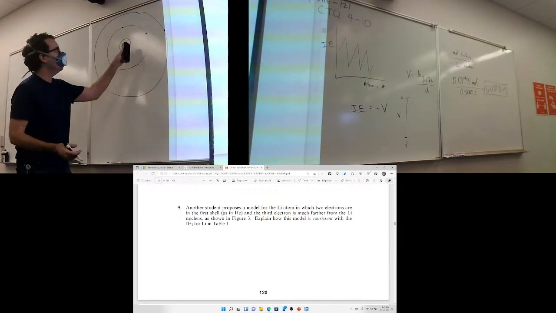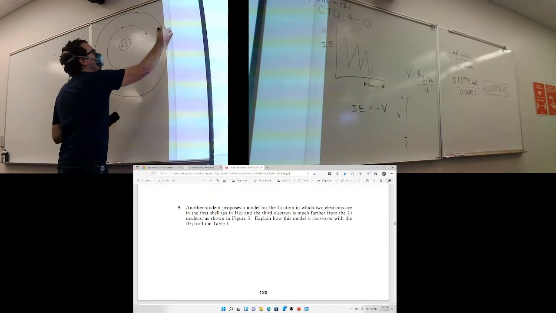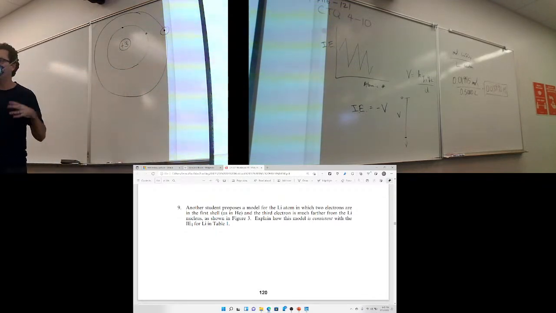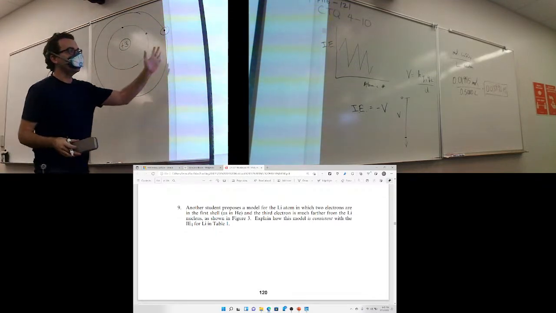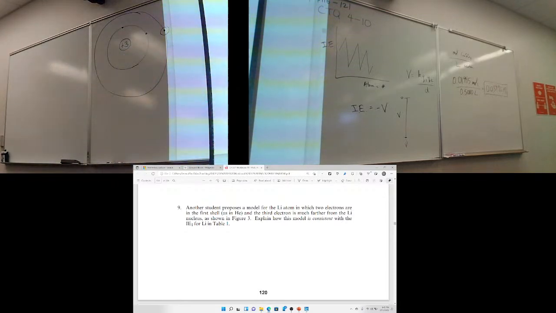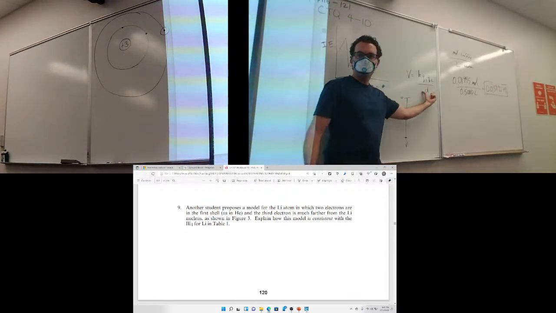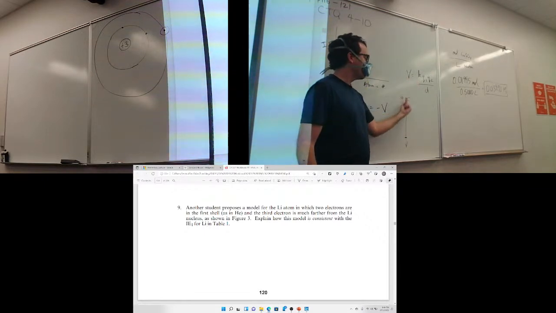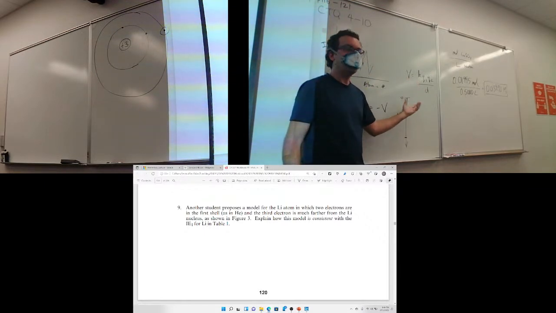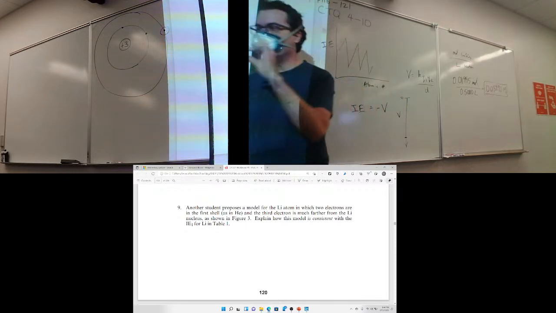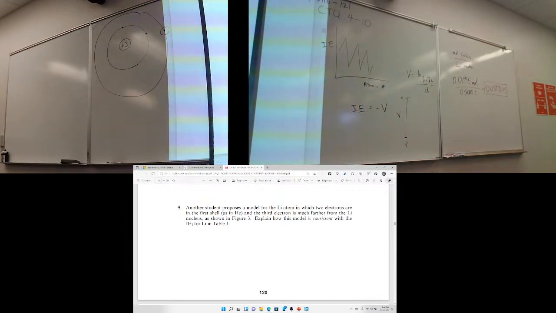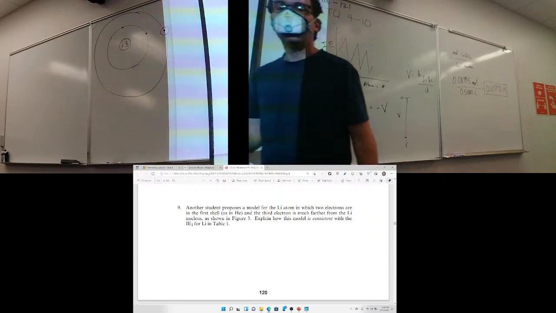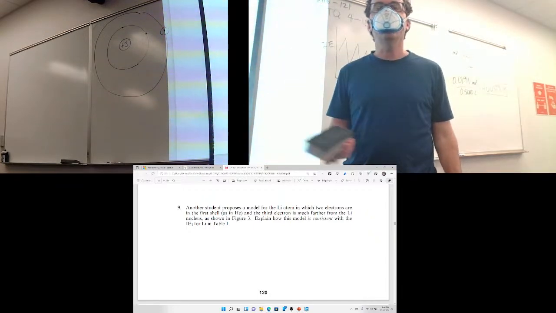Well, now if we're ionizing this electron, the distance to the nucleus is much bigger. You have a bigger denominator, so your potential energy is going to be closer to zero, more positive, less negative, and the ionization energy is going to be a lot smaller.